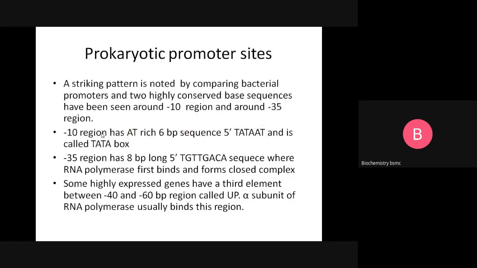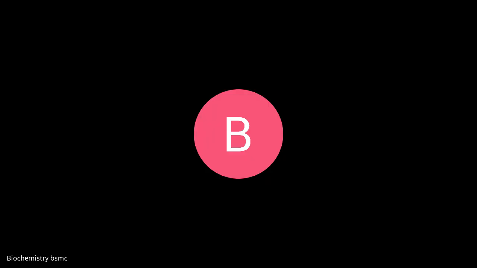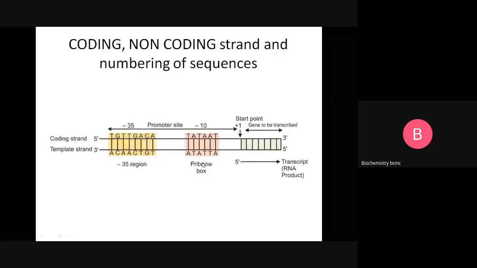So a striking pattern is noted by comparing bacterial promoters: two highly conserved base sequences, as I have shown you. One is around the -10 region, and that base sequence is known as the Pribnow box.